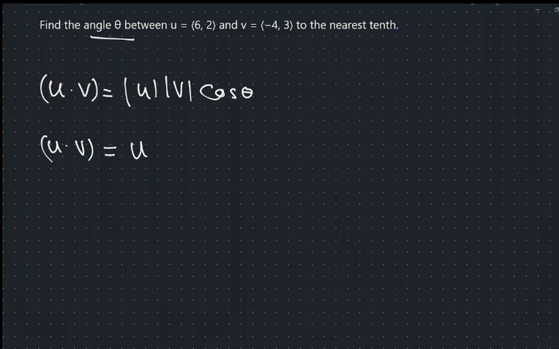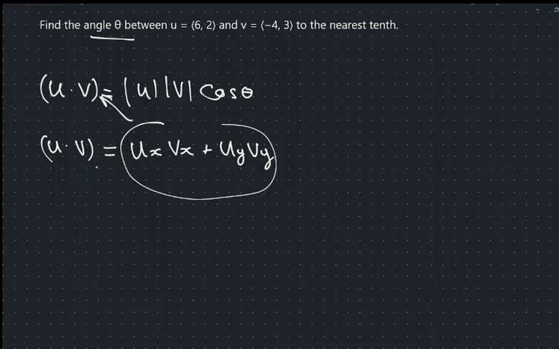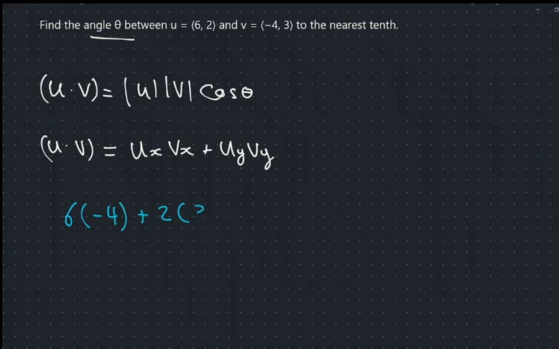So u dot v is equal to ux vx plus uy vy, and then we can substitute this into this part here. So let's do it. So let's find ux vx plus uy vy. What is ux? It's 6 times vx, that's negative 4, plus uy, that's 2 times 3, and it's equal to negative 24 plus 6, or negative 18.